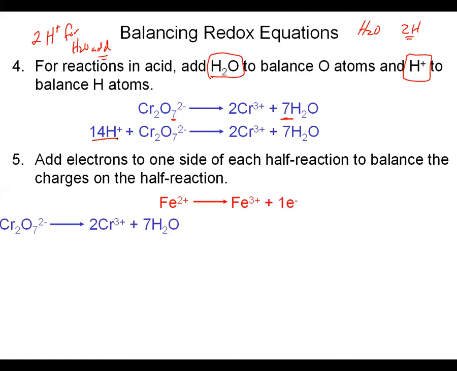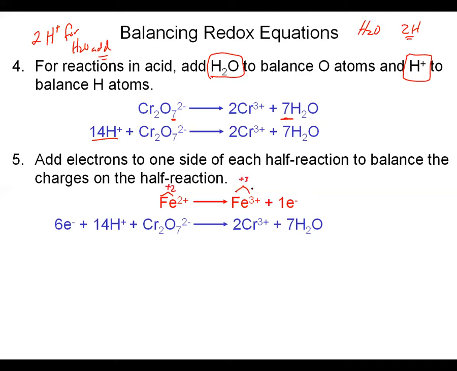Now you come to the part where you want to balance out the overall charge on each side. Before we add the electrons here in the top one, the overall charge on the left-hand side is +2. The overall charge on the right-hand side is +3. So the goal here is to make it the same number on each side.